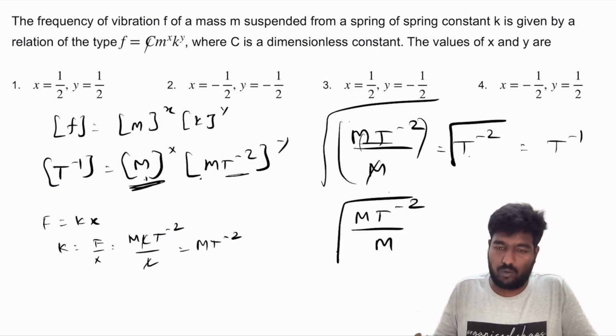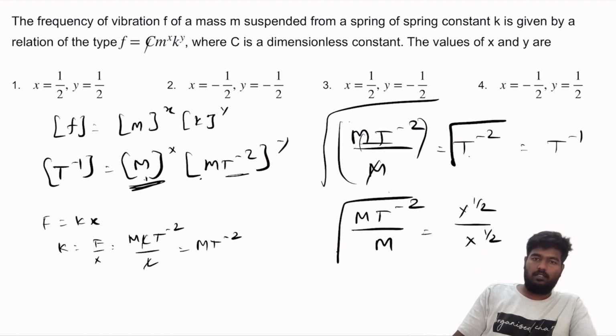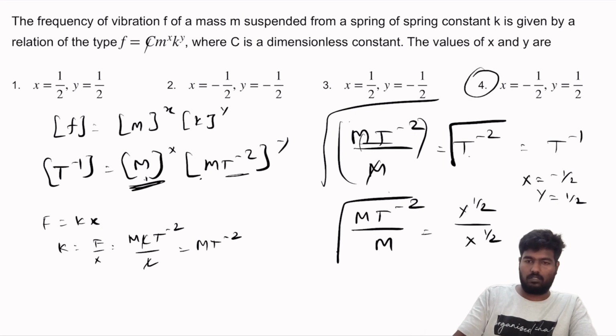This is just y power 1 by 2 divided by x power 1 by 2. So you will get x is minus 1 by 2, y is 1 by 2. Which option is that? I think 4. Yeah, x is minus 1 by 2, y is 1 by 2. Okay, so let's see how to solve this mathematically.